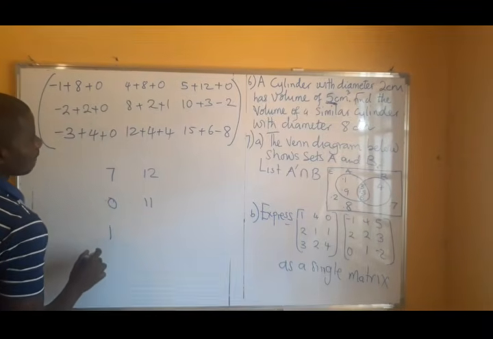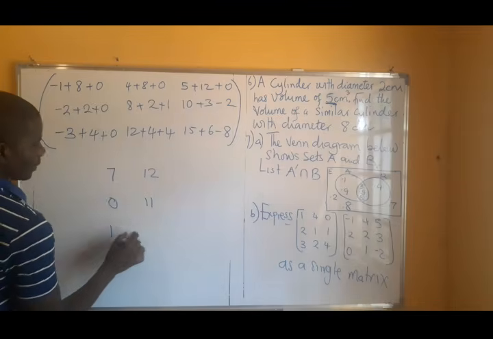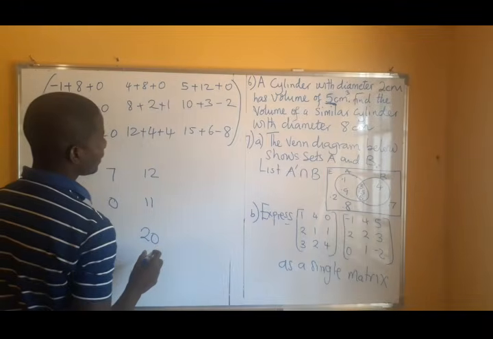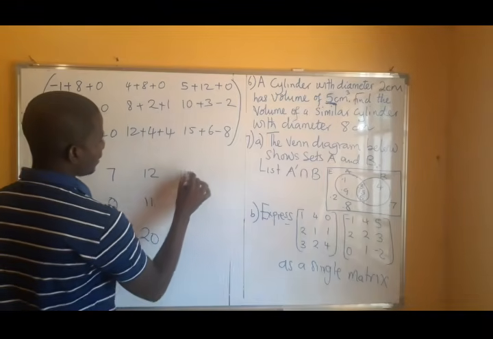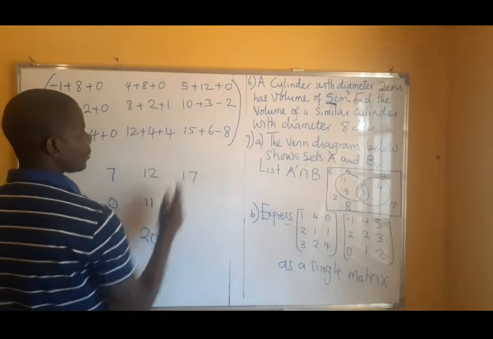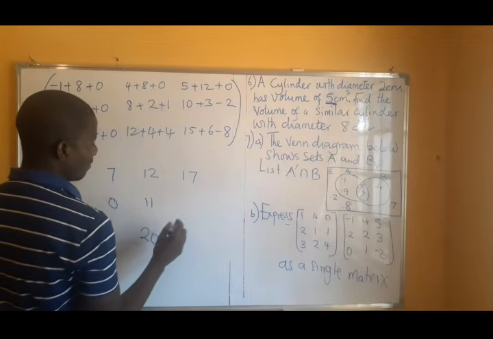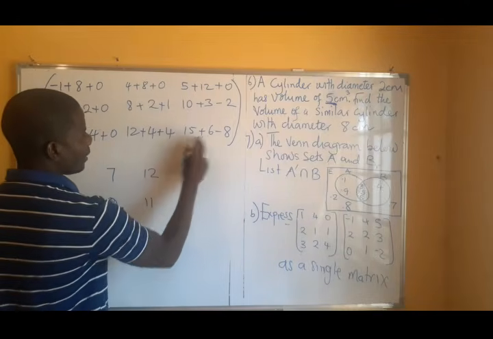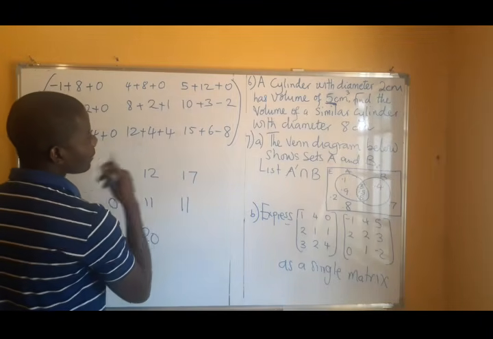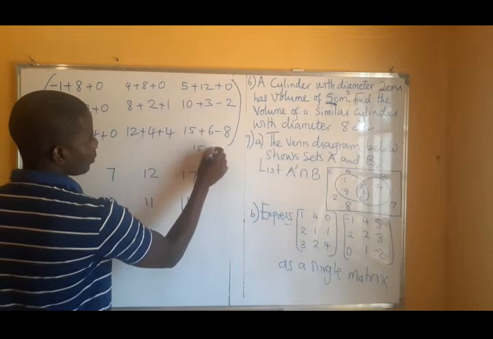These ones here, 20. Then this side, we're getting 17. Here we're getting 13 minus 2. What are we getting? 11. The last one, this is going to give us 15 minus 2 here.